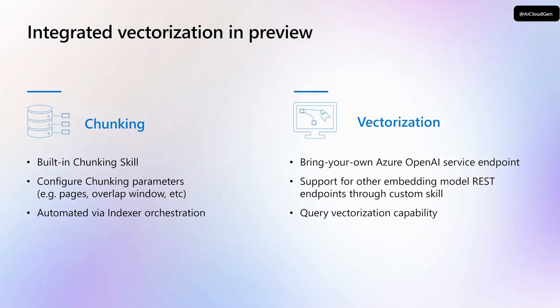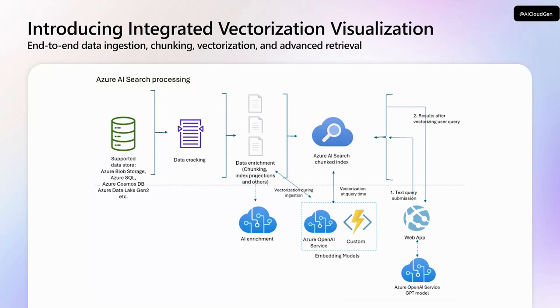Also, you can bring your own Azure OpenAI service endpoint into Azure AI Search, and do the chunking as well as the vectorization within Azure AI Search. So this is what the component diagram looks like.